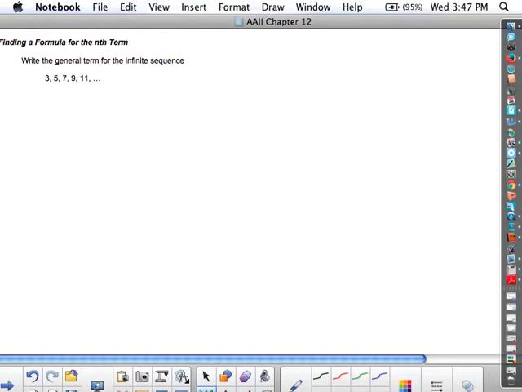Finding a formula for the nth term. What you're asked to do is write the general term for the infinite sequence. When you look at this, you can see that it increases by 2, and all of the terms are odd.